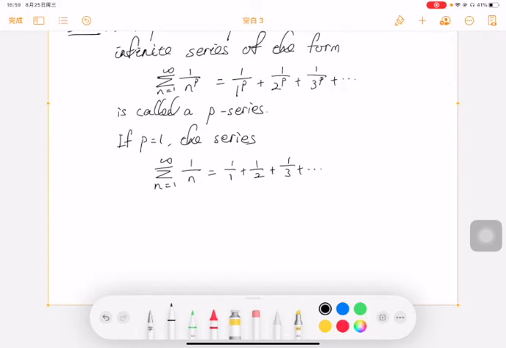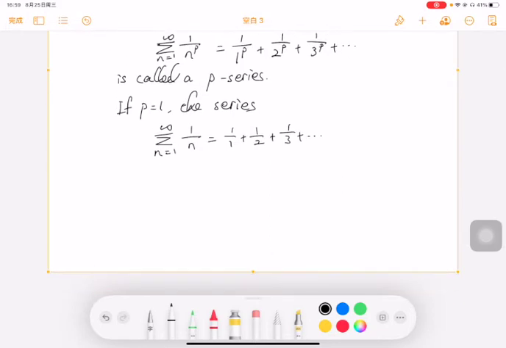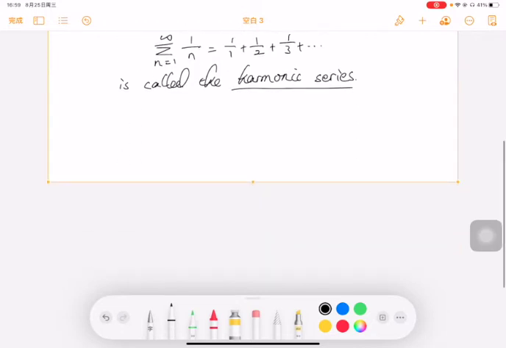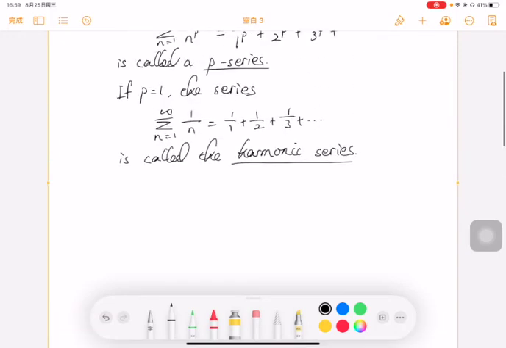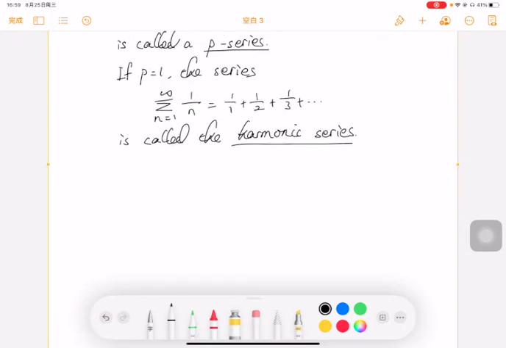So this special P-series with p equals 1 is called the harmonic series. Okay, so the harmonic series is a special type of P-series with p equals 1.